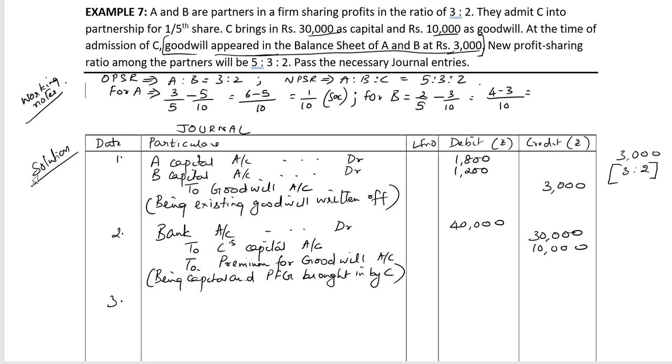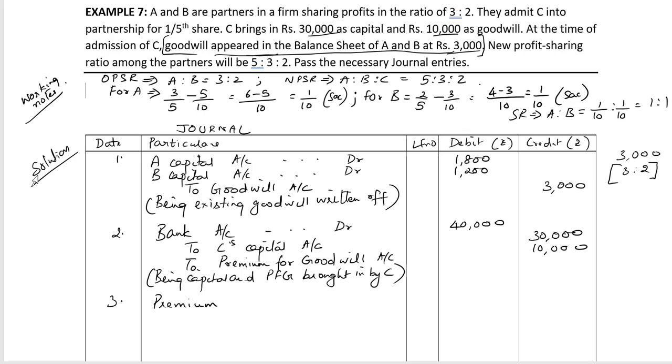Again a positive 1/10. B has also sacrificed. And the sacrifice ratio between A and B is 1/10:1/10, which is 1:1. So we'll distribute the 10,000 premium for goodwill equally because the sacrificing ratio between A and B is equal.